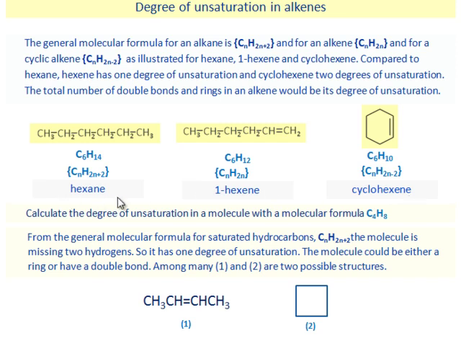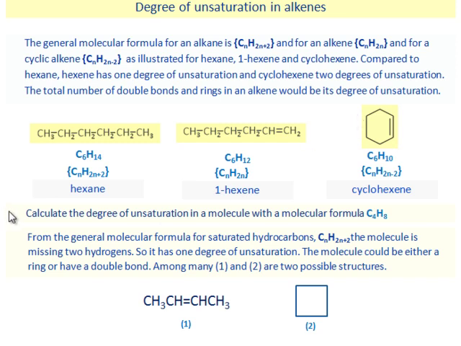Compared to hexane, hexene has 1 degree of unsaturation and cyclohexene has 2 degrees of unsaturation. The total number of double bonds and rings in a molecule is its degree of unsaturation.